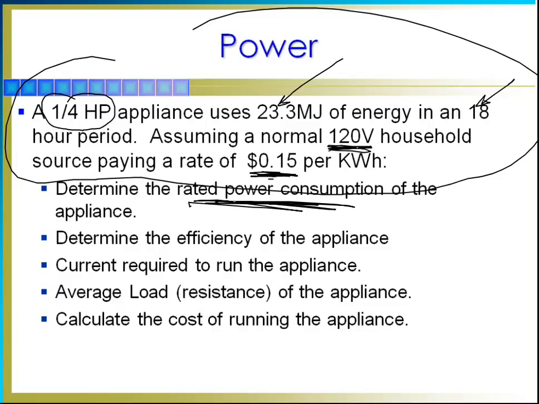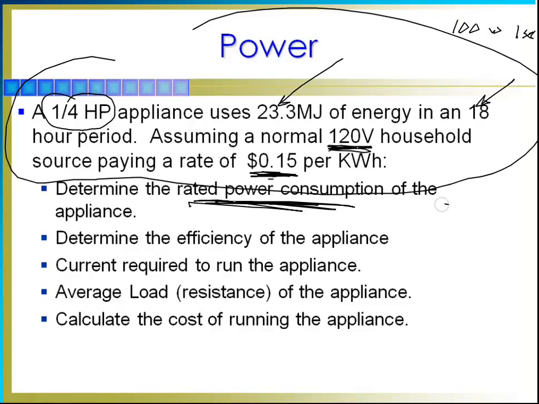That means it's going to consume 100 watts of power in 1 second. Okay, that is the power rating. That has nothing to do with power consumption in the fashion in which we pay for it. That is the power rating of the item.